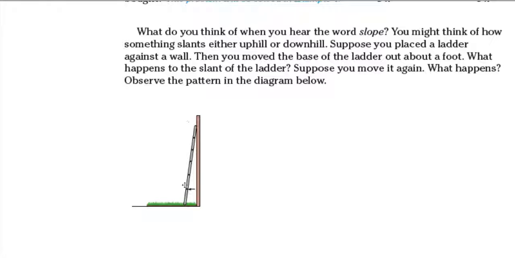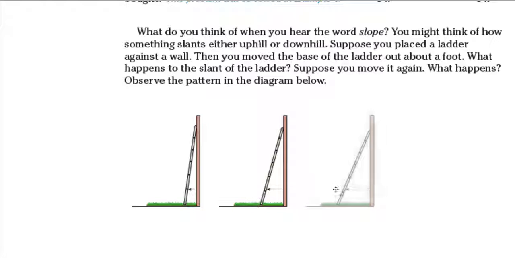So you have a ladder against the wall, and then you move the base of the ladder out about a foot. Every time you move the base further and further, what happens to the slant of the ladder? The slant decreases as you move the base farther and farther.